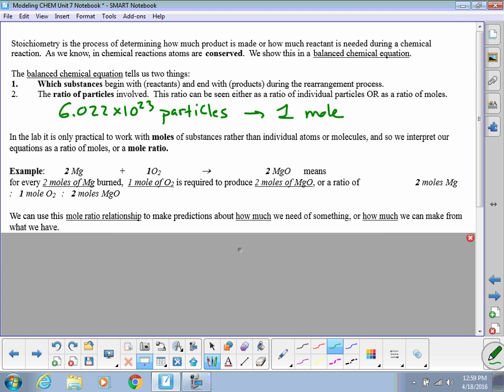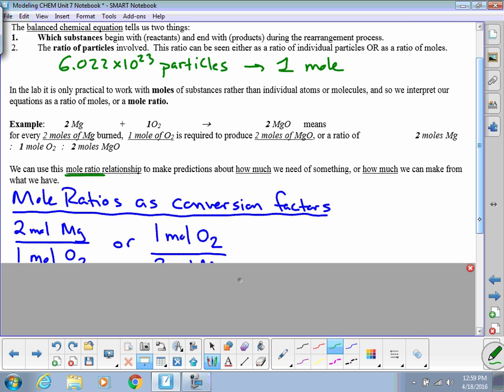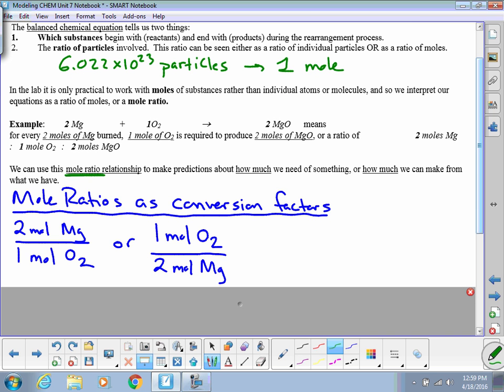So we have these various ratios, and we can use this mole ratio relationship. You can hear me talk about mole ratios a lot today, to make predictions about how much we need of something or how much we can make from what we have. Being able to take the balanced chemical equation and write these mole ratios is an important part of this process. So we'll be using them as conversion factors. If we know an amount of one substance, we can convert to an amount of another substance by using these mole ratios.